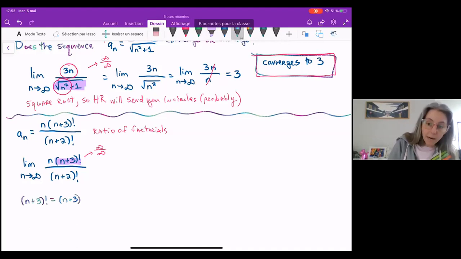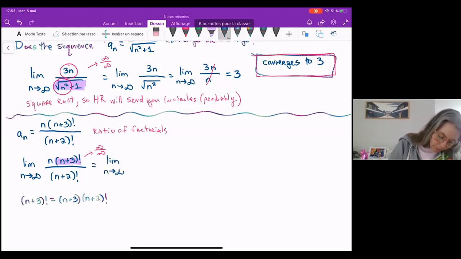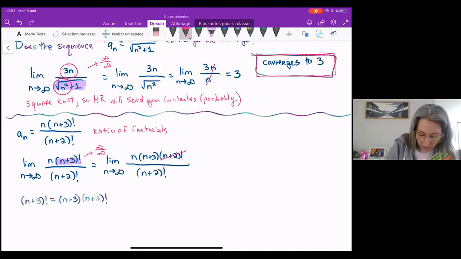So n plus 3 minus 1 gives me n plus 2, and I'm actually immediately there. So I'm going to replace that n plus 3 factorial with n plus 3 times n plus 2 factorial, and then cancel out those factorials.